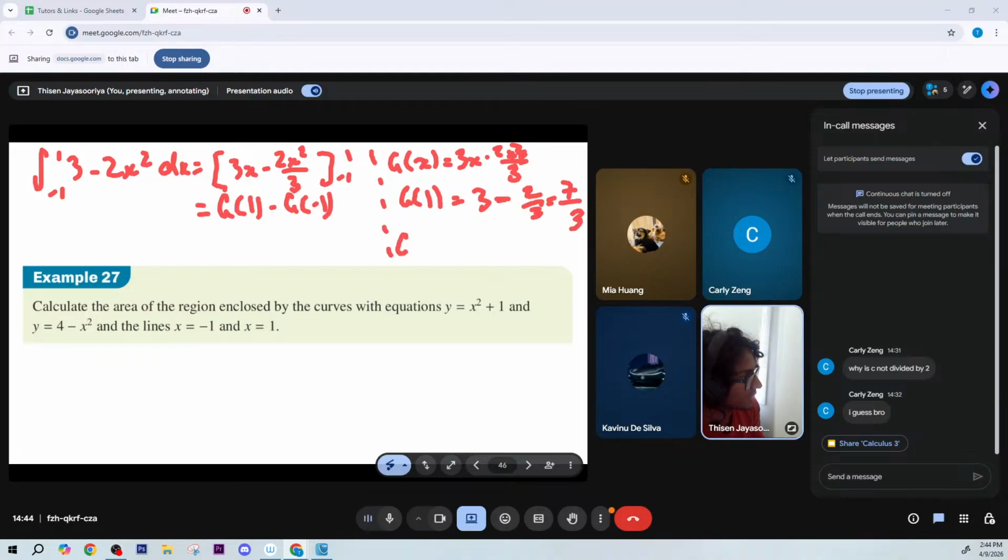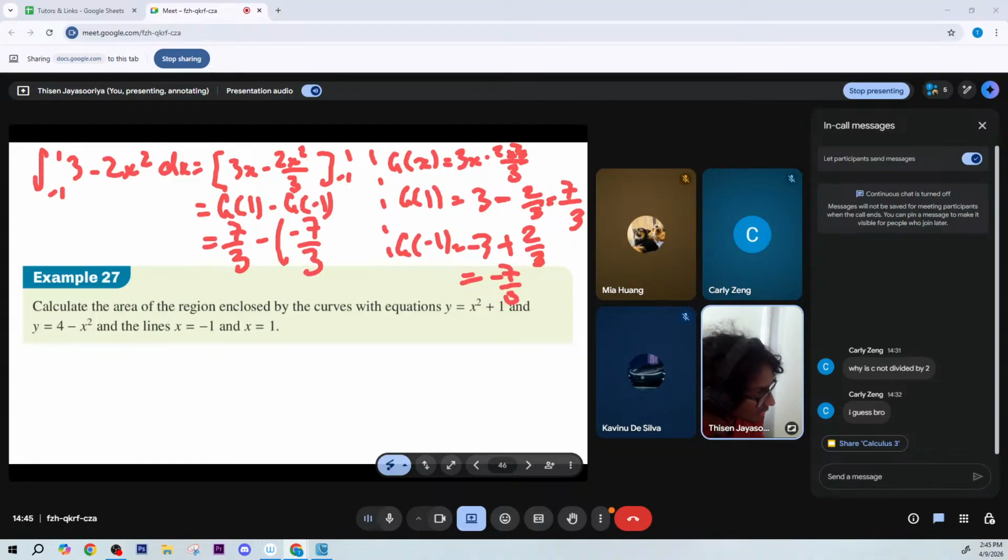And g of negative 1 is negative 3 plus 2 over 3, which is negative 7 over 3. So we get 7 over 3 take negative 7 over 3 equals 14 over 3. So the bounded area between these two is 14 over 3 units squared. Does that make sense to everyone?